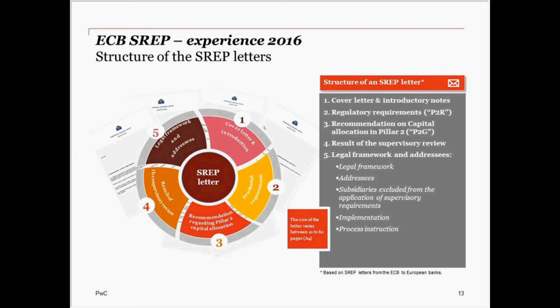ICAAP and ILAAP are obviously at the heart of the interest of the ECB, of the regulators. Also regarding documentation of the ICAAP and the ILAAP, the philosophy of the ICAAP and the ILAAP, and last but not least the forward-looking perspective of risk management.